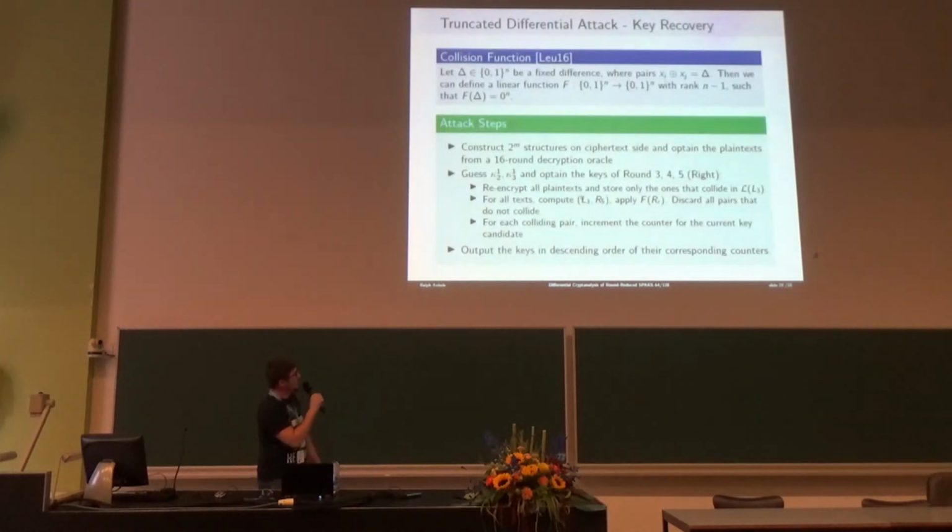And then we use the function as I mentioned above and discard all the pairs that are not colliding. For each colliding pair we increment the counter for the current key candidate, and in the end we output the keys in descending order so that we find the correct key.